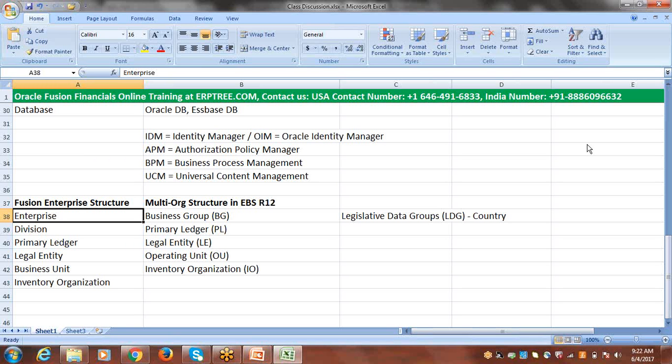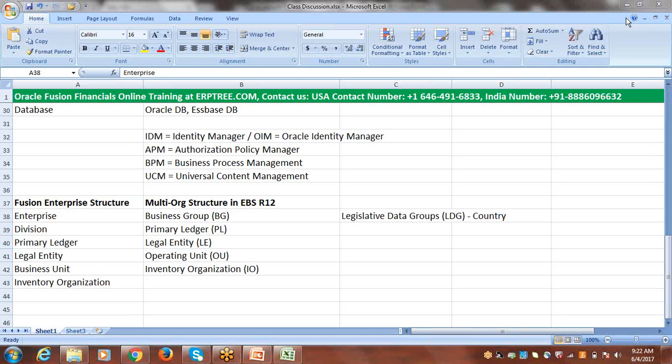So for multiple countries, can the same LDG be defined? No, country-specific LDG. So even the HR data is bifurcated country-wise, am I right? Yes. For every country, you have to create a separate LDG. So the HR and payroll-related data definitions in the system will be mapped with the LDG. Okay, thank you, Lakshman.